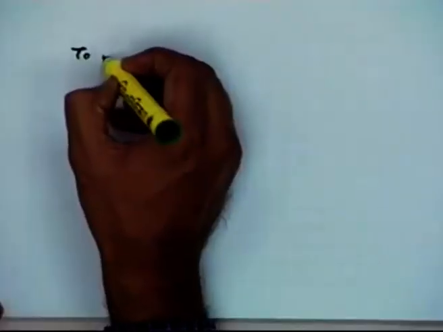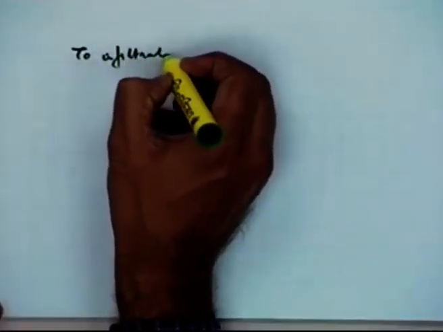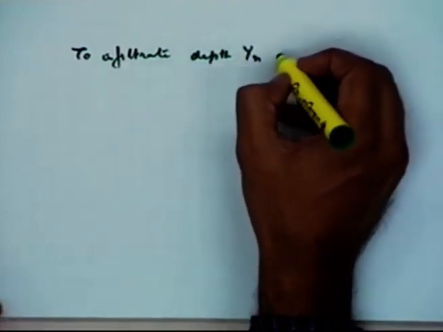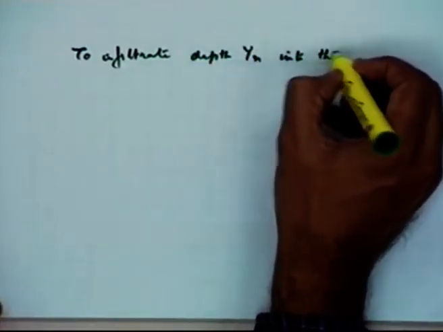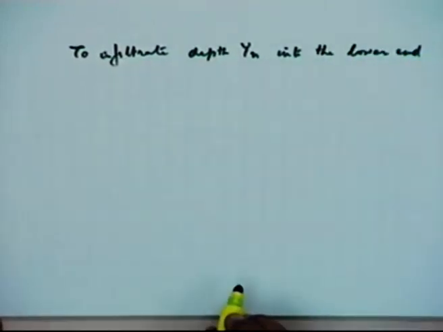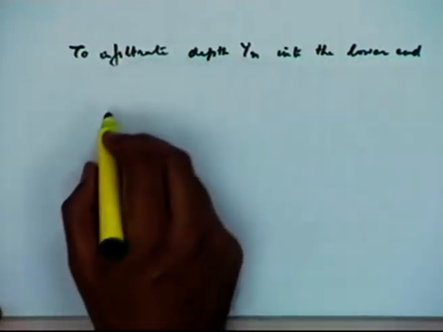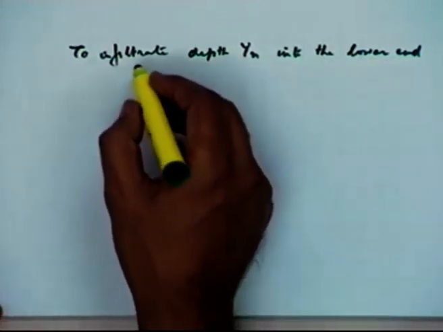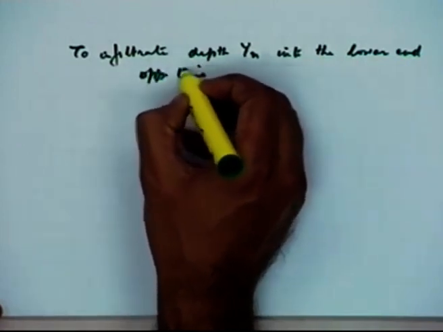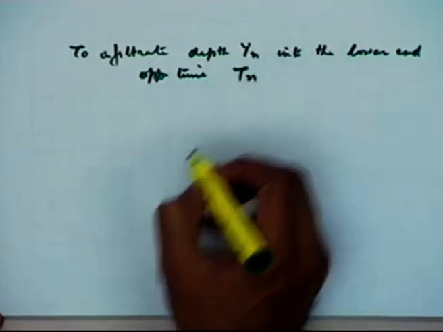So that is what you can write in the form that to infiltrate depth yn into the lower end of the field, there should be opportunity time at the lower end also equal to Tn.